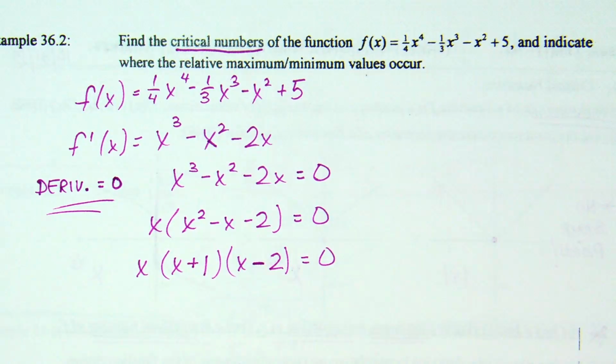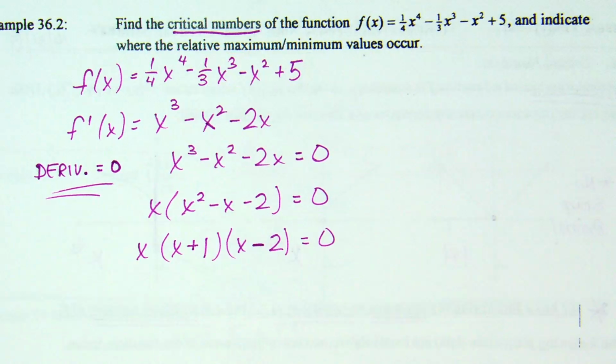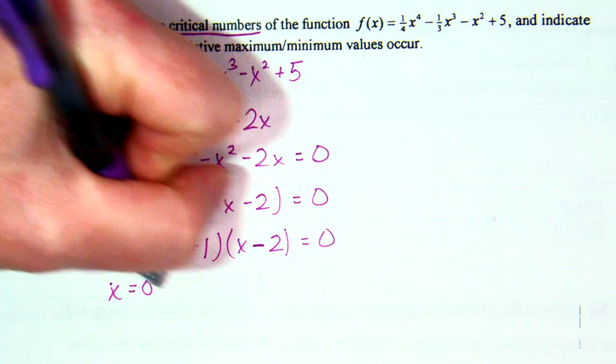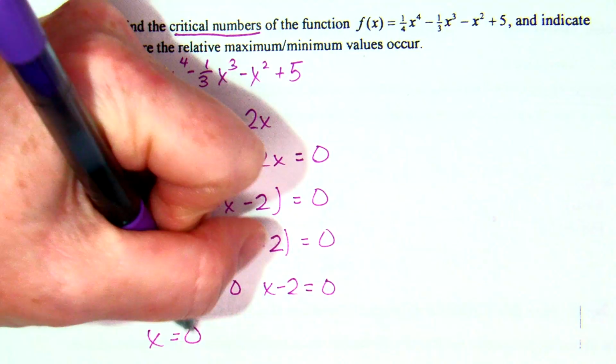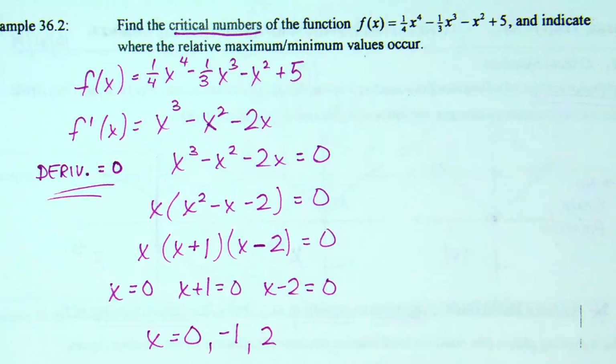What's next? X equals 0, negative 1. Okay. So officially, set each part equal to 0. And I know some of you guys are doing this in your head. Although keep in mind, show some basic steps here. What are my pieces? 0, negative 1, and 2. Okay, what are these guys?